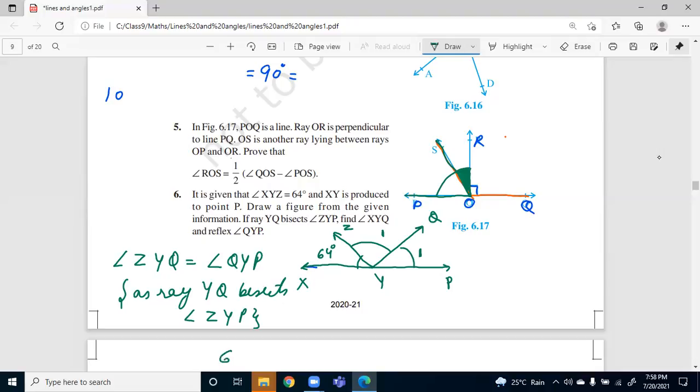Now I can write 64 plus angle 1 plus angle 1 is equal to 180 degree because they are making a straight line.